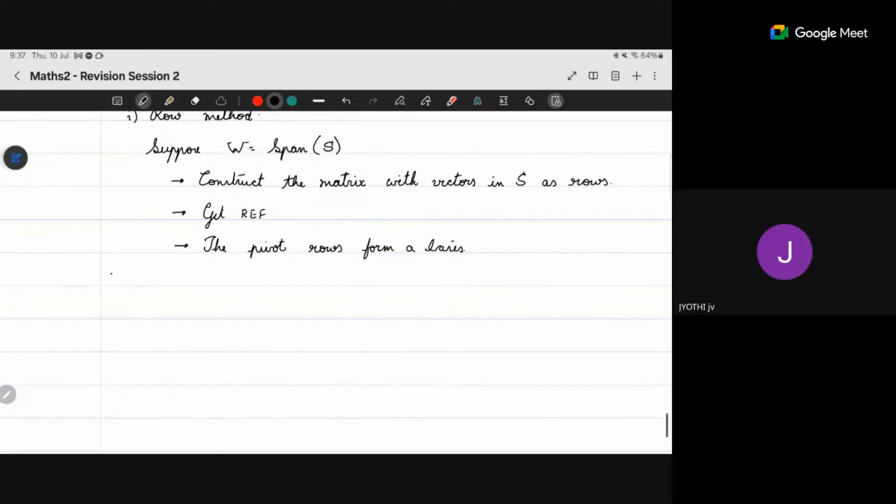Let's see with an example. Let's take 1, 1, 0, 1 and 2, 0, 3, 4. And for simplicity, I'll just take the sum of these two, which is 3, 1, 3, 5.